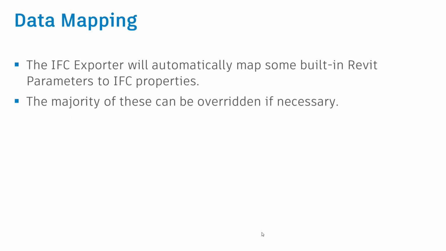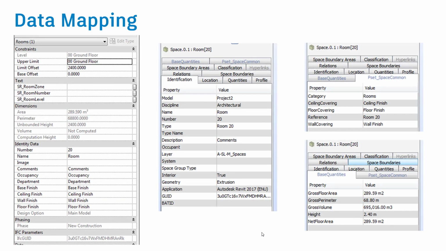The IFC exporter by default will map some information. It won't necessarily map everything, but you can define where you want all this information to go. So as an example here, I have a room and I've defined within Revit, and these are the out-of-the-box properties, a whole bunch of these, and the IFC exporter will handily map a lot of this information out into the IFC file.